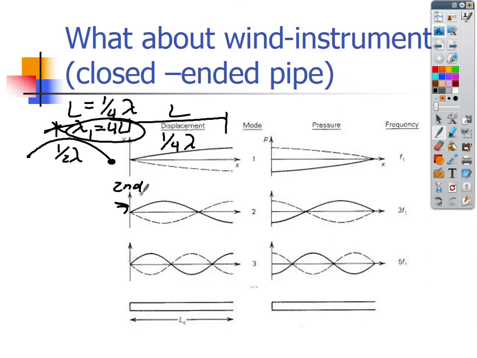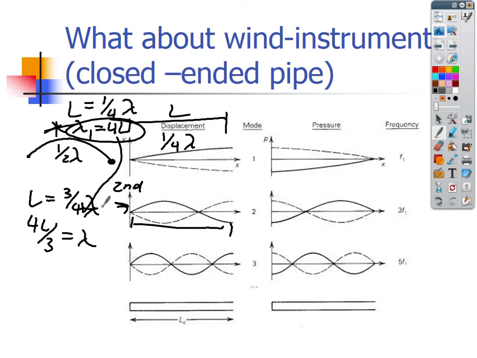But how many waves do I have there? Right here, L would equal 3/4 wavelength. It's not a full wavelength, it's 3/4. So this would become 4L over 3 wavelength. Well, what did I change there? I decreased the wavelength by 1/3, which means the second harmonic is 3 times larger.